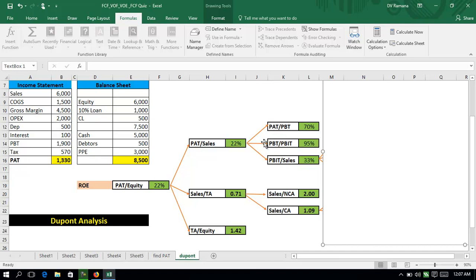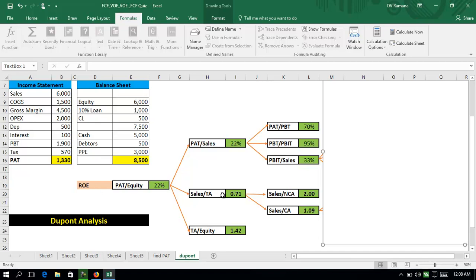So in order to manage the PAT by sales, the management has to manage the tax burden or interest burden or operating expenses burden to increase PAT by sales. If any of these burdens are reduced, the PAT by sales will increase, which will increase the PAT by equity or ROE.